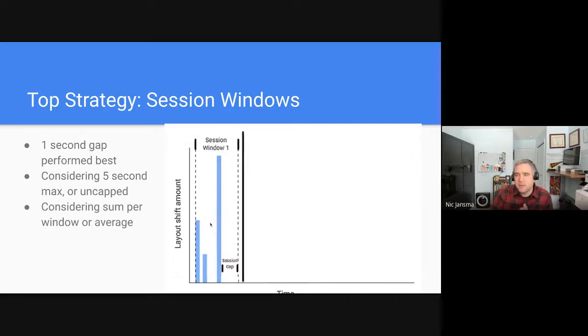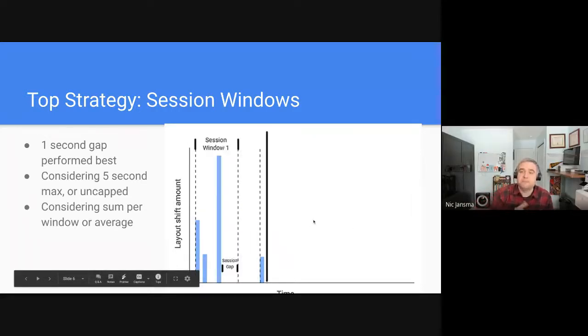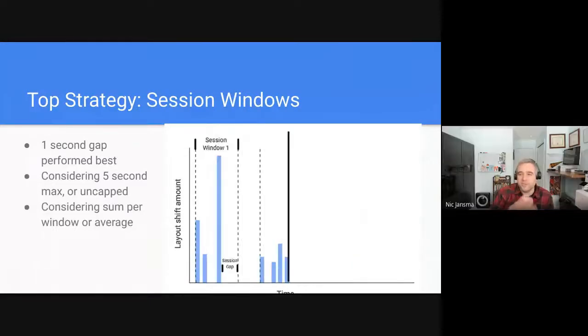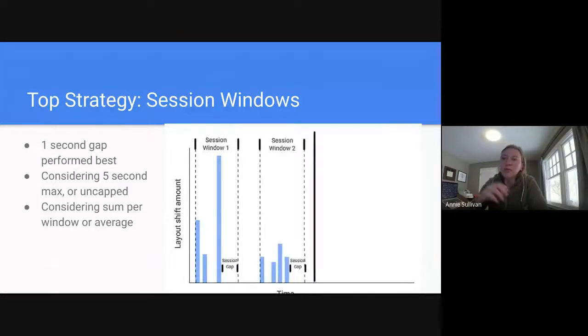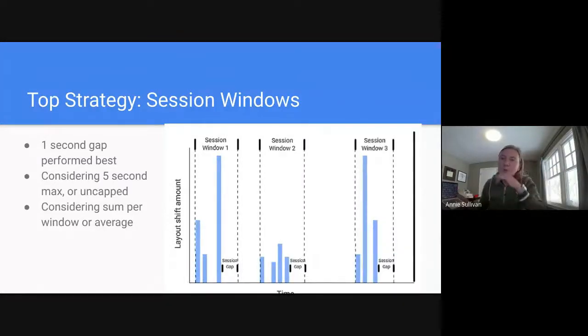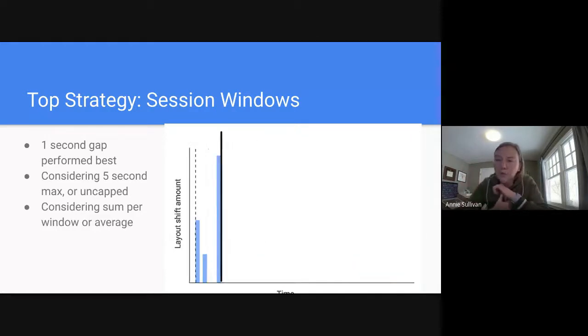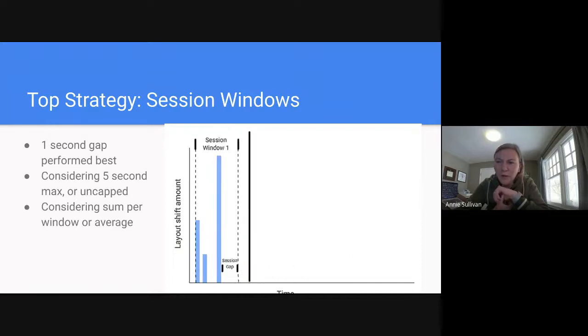I'm sorry, we're going to take the maximum window. Maximum. Out of all of them, the max one that you ever saw. Okay. So the worst experience, basically. Yeah. And we've looked at other statistics, like the 75th percentile experience, the median experience. Number 1, it's hard for a developer to reason about what exactly we are grading.